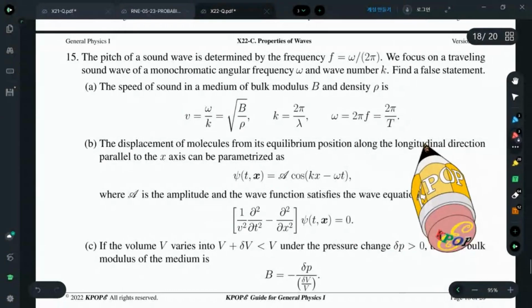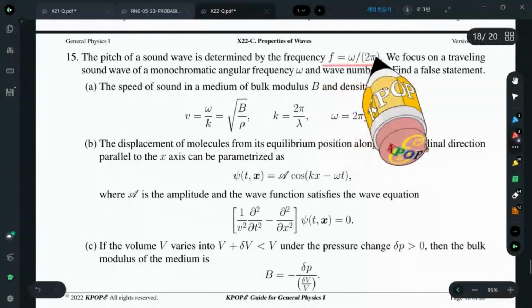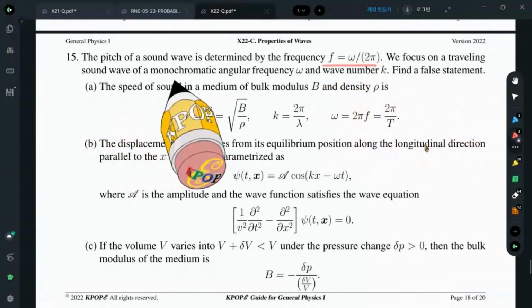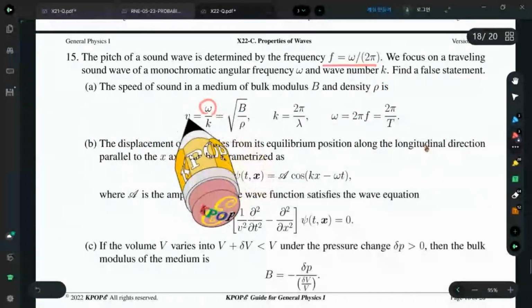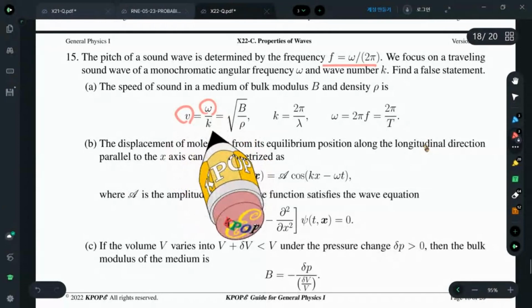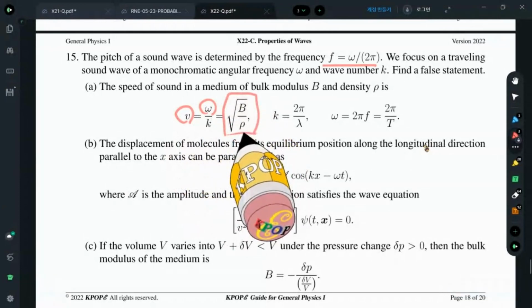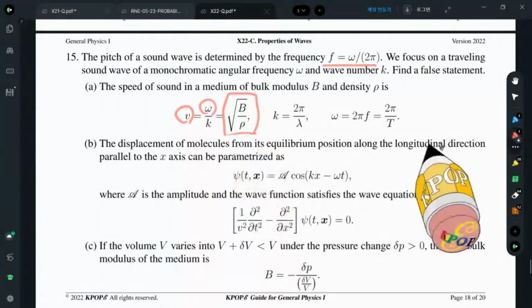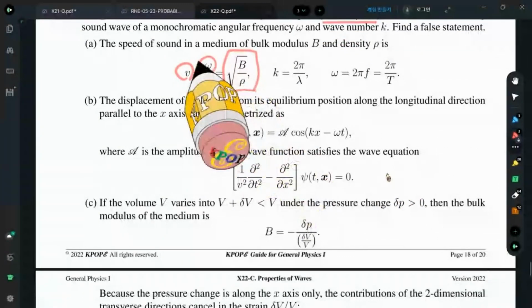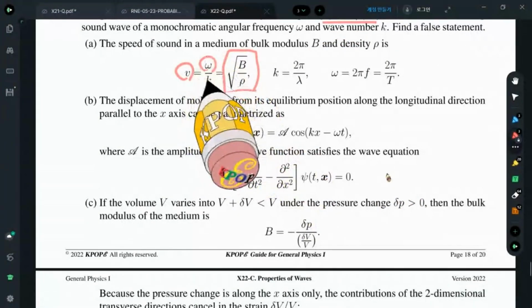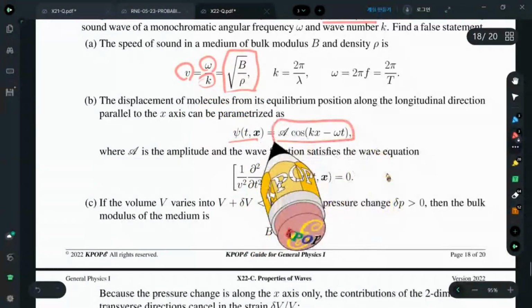Number 15, the pitch of a sound wave is determined by the frequency. We focus on a traveling sound wave of monochromatic angular frequency omega. Then the speed of sound is omega over k, and according to what we have derived, the square root of bulk modulus divided by the density. And then, according to this wavelength and angular frequency, air molecules vibrate in this kind of form.